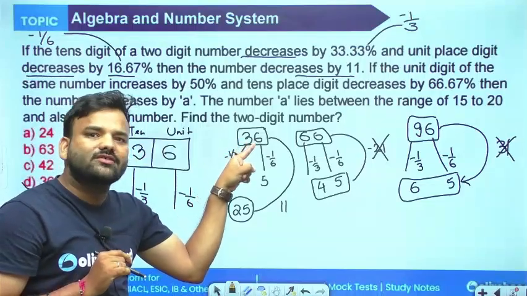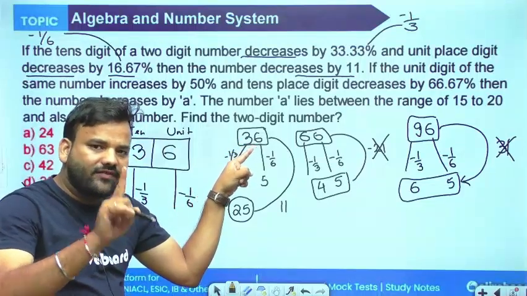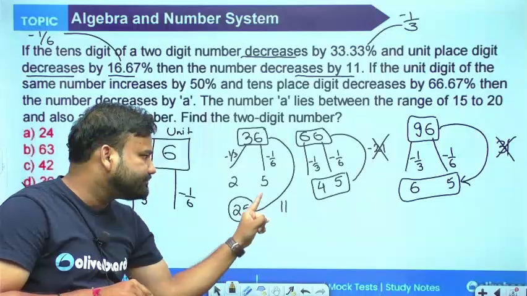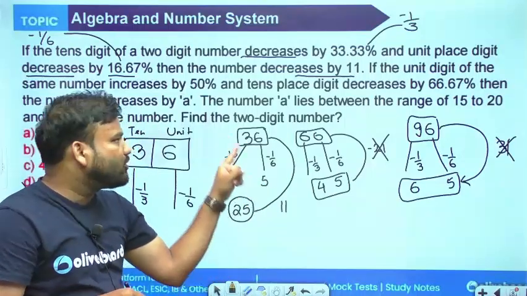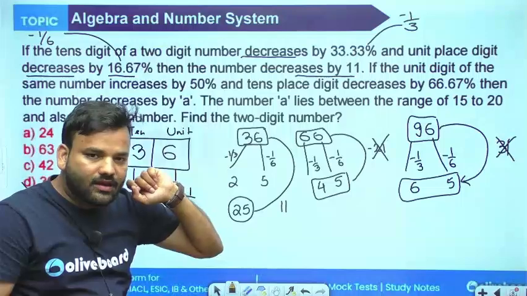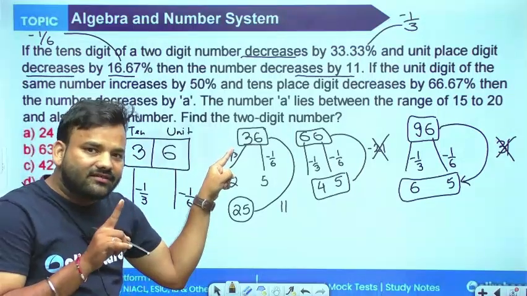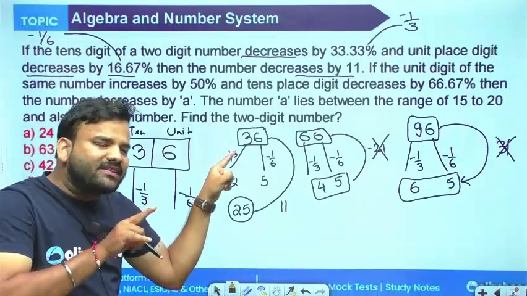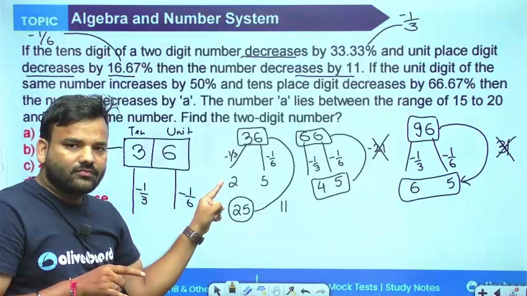What is 1 by 6 of 6? That is 1. If it decreases by 1, it becomes 5. And the tens digit decreases by 33 1/3%, which is 1 by 3. What is 1 by 3 of 3? That is 1. It reduces by 1, which means it becomes 2. So it becomes 25.